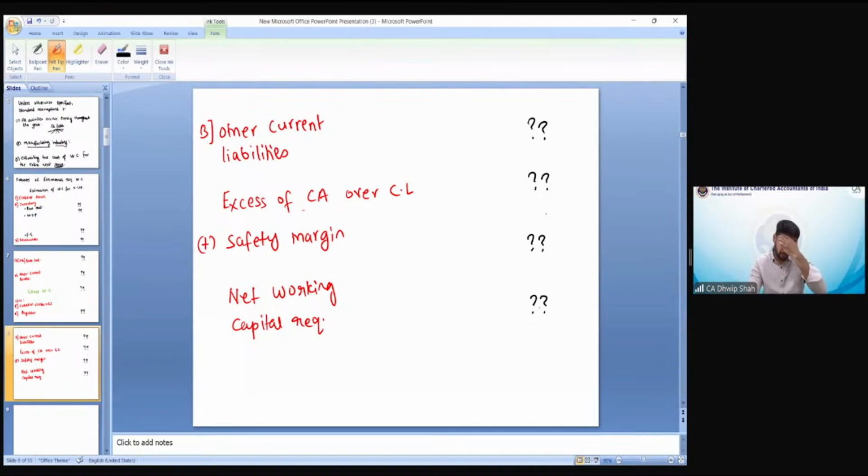And the formulas are simple, which you have already learned in the ratios chapter. So we have to follow the same.